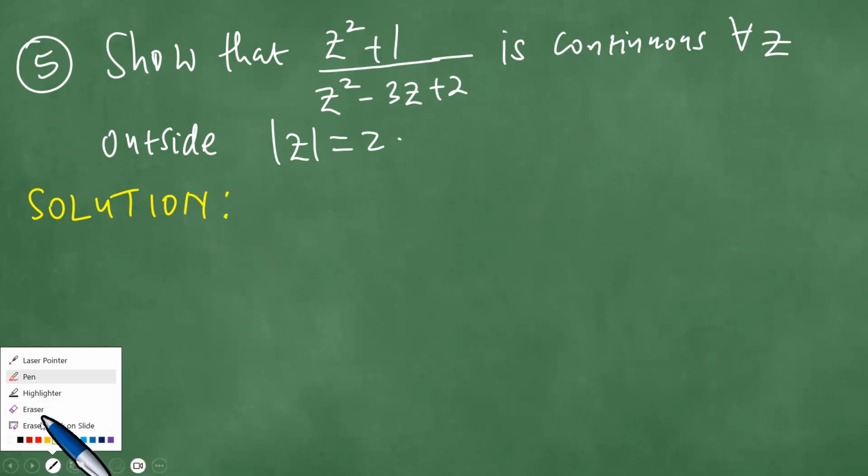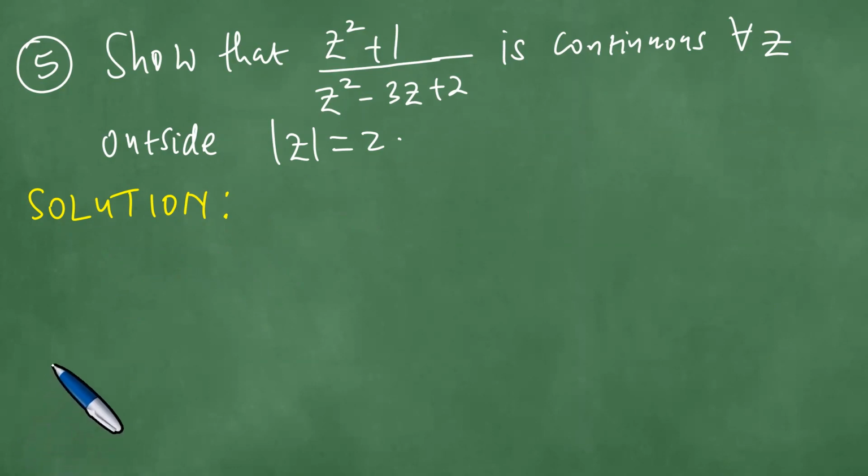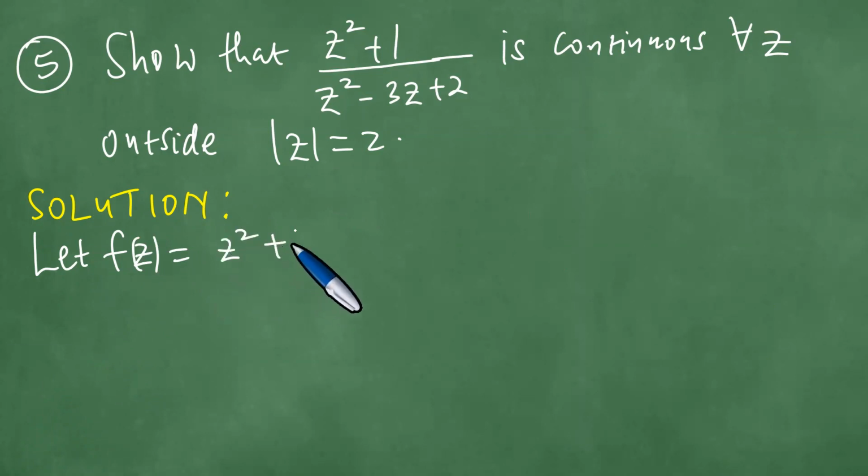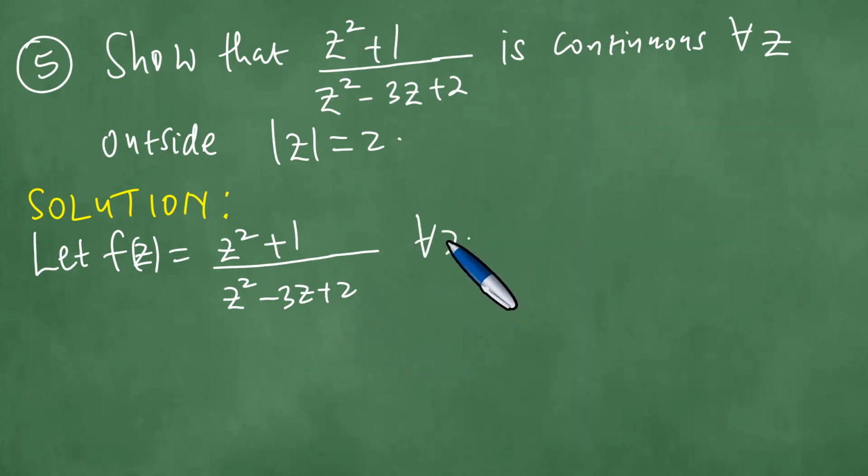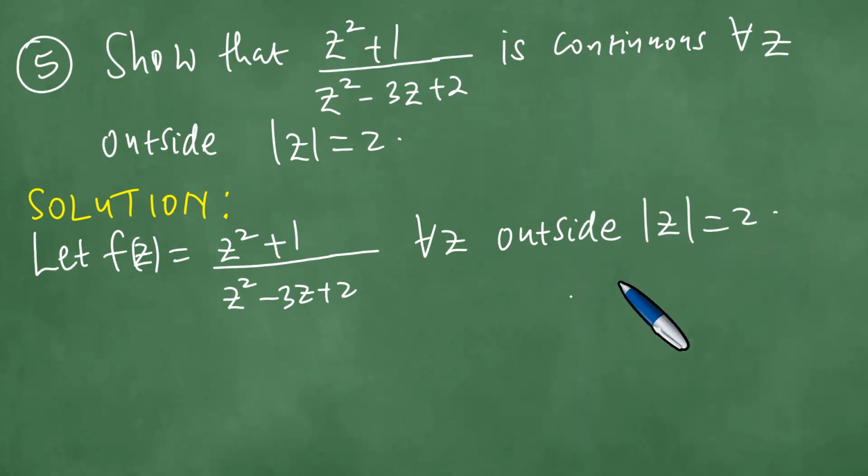A couple of things to consider here. We let f of z be z squared plus 1 divided by z squared minus 3z plus 2, for all z outside the modulus of z equal to 2.